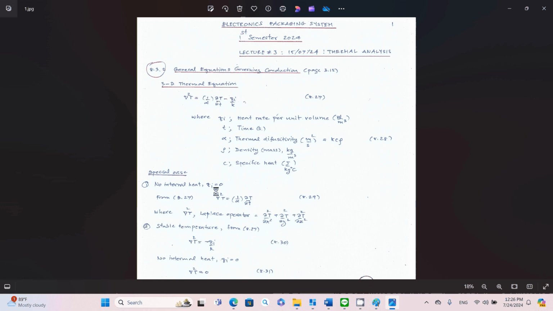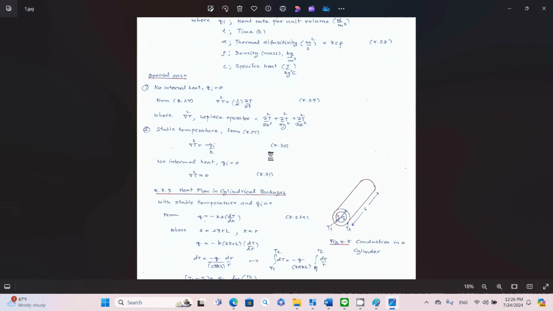For no internal heat, Qi is equal to 0. So equation 8.27 drops down to equation 8.29 from the book, and in that case you can solve for the temperature depending on time.